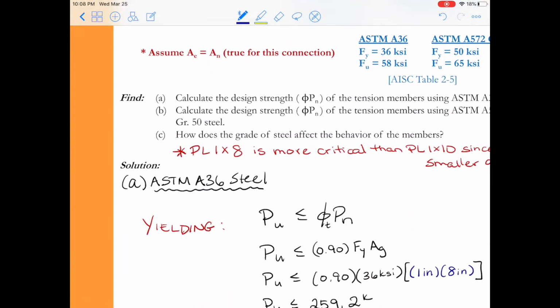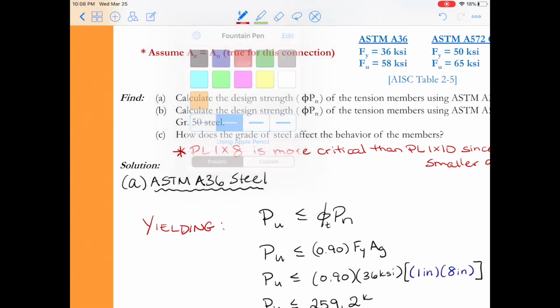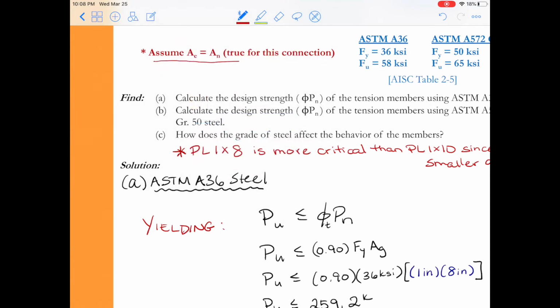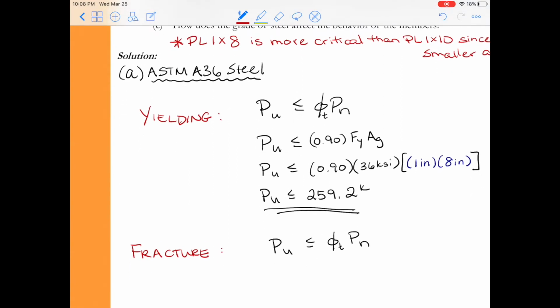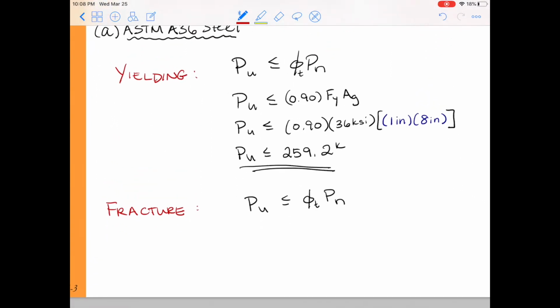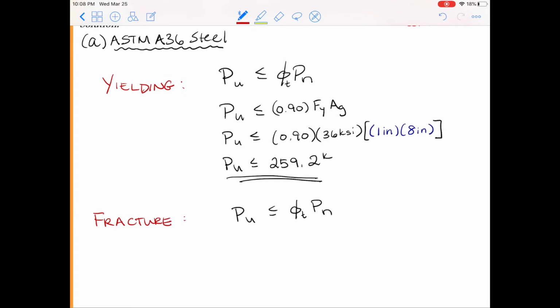Returning to our example, we want to check the fracture strength. And in this example, we're going to assume that the effective area is equal to the net section area. And that is true for this connection. So back to our general equation, P_u has to be less than or equal to phi P_n. We said that P_u would then have to be less than our phi factor for fracture, which is 0.75, times F_u times A_e.